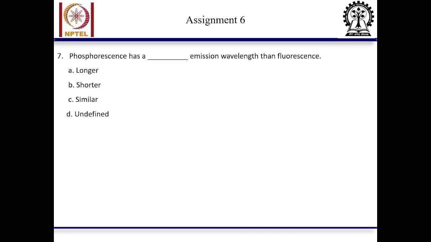Okay, question number 7: phosphorescence has an emission wavelength than fluorescence. So is it longer, shorter, similar, or undefined? Anyone who has seen lecture number 30, the last lecture of week 6, can answer this question number 7. If you tell me, then I will go through the concepts.